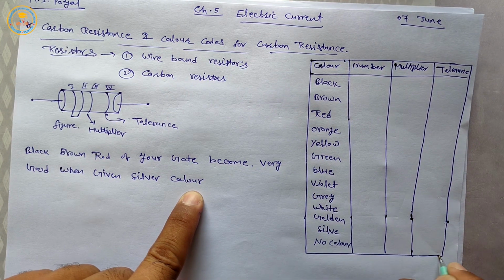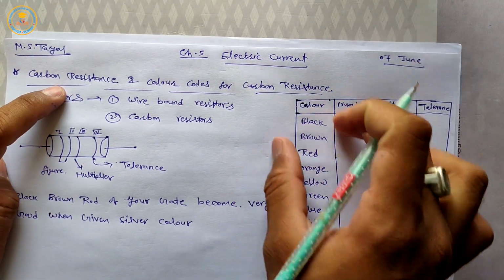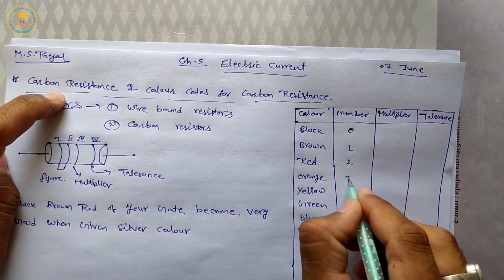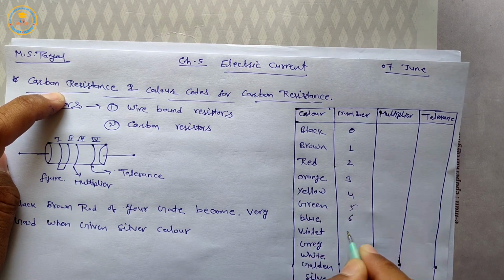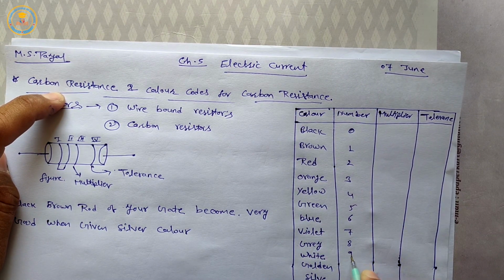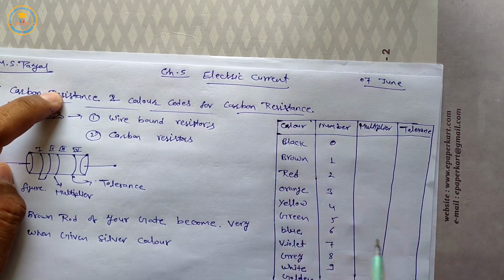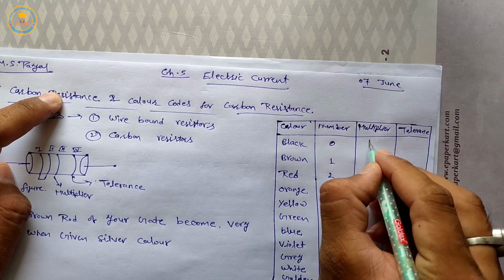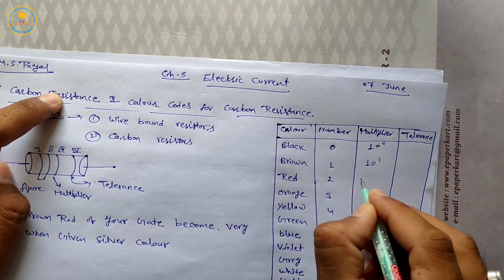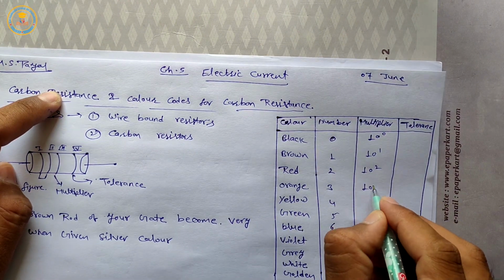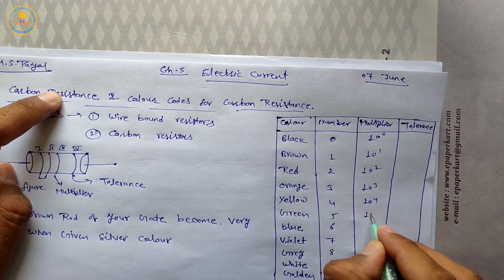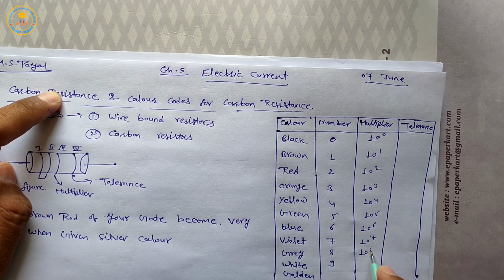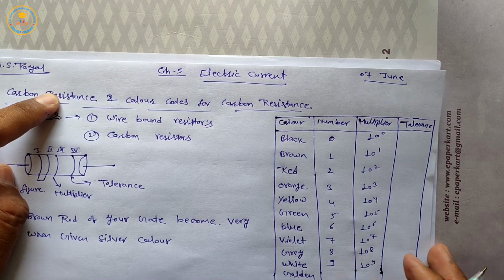Now we write the numbers of these colors. For black 0, then 1, 2, 3, 4, 5, 6, 7, 8, and for white 9. The multiplier represents multiplication by 10 to the power 0, 10 to the power 1, 10 to the power 2, 10 to the power 3, and 4, 5, 6, 10 to the power 7, 10 to the power 8, 10 to the power 9.